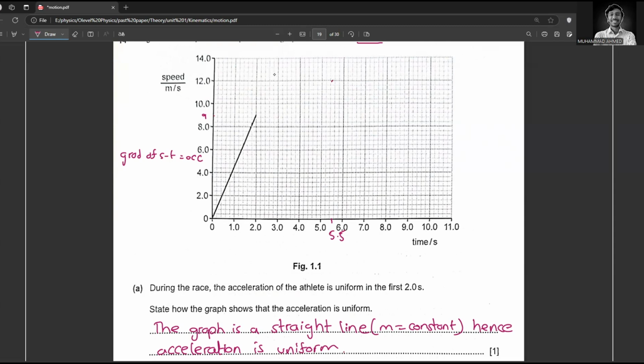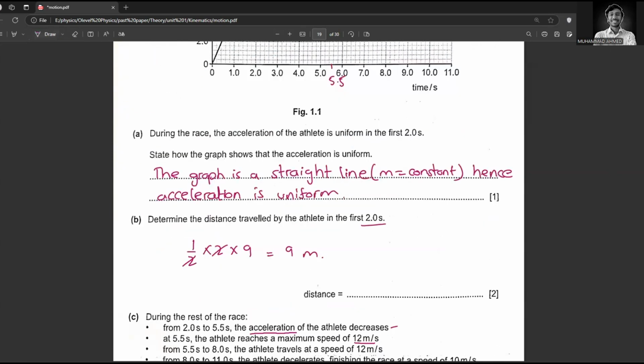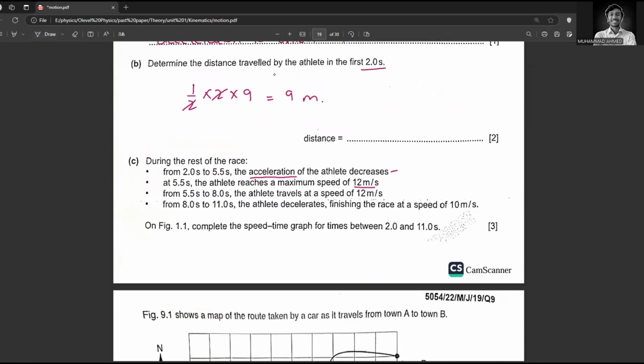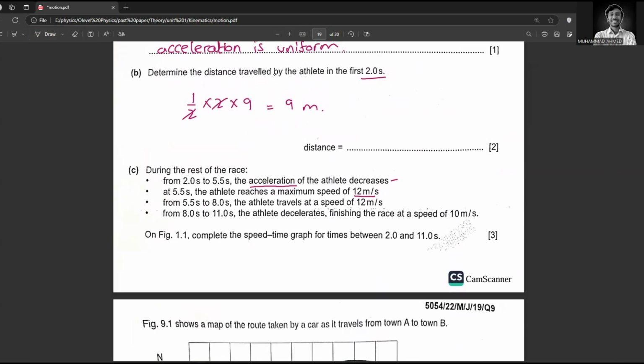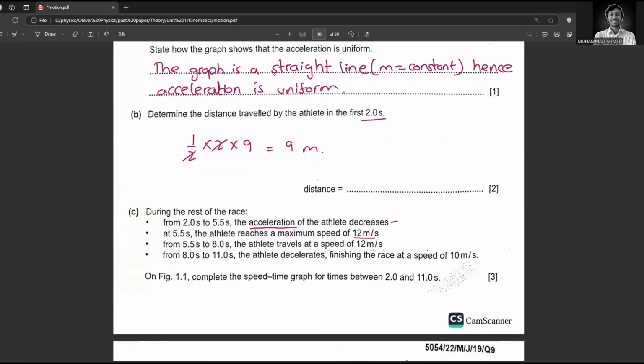Once you have this point, you will draw a decreasing curve. Why will you draw a decreasing curve? Because your acceleration is decreasing, somewhat like this. Then what next you have? From time t = 5.5 seconds to 8 seconds, the athlete travels at 12 m/s.